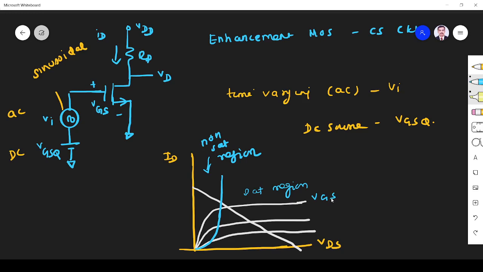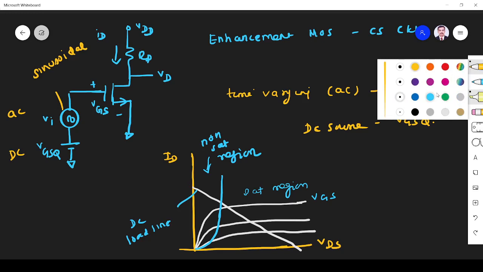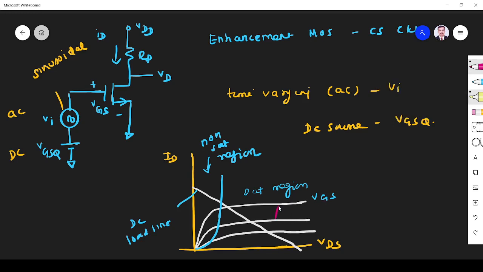Now we will draw the DC load line. VGS is the gate voltage, which is our input voltage. When you give an input like this, VI, what will happen to the output?